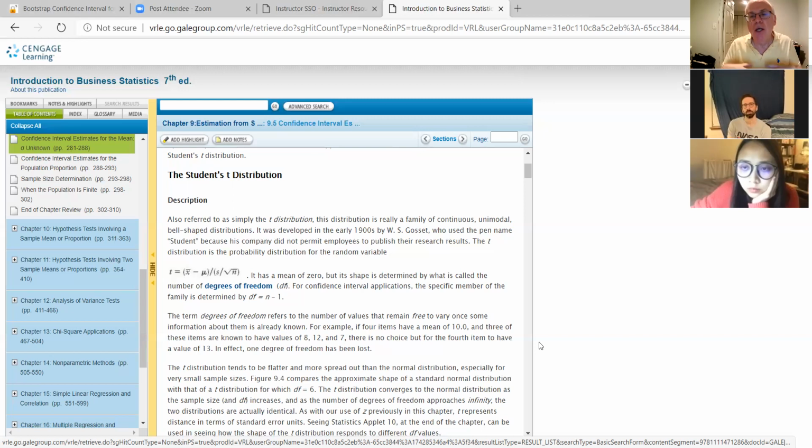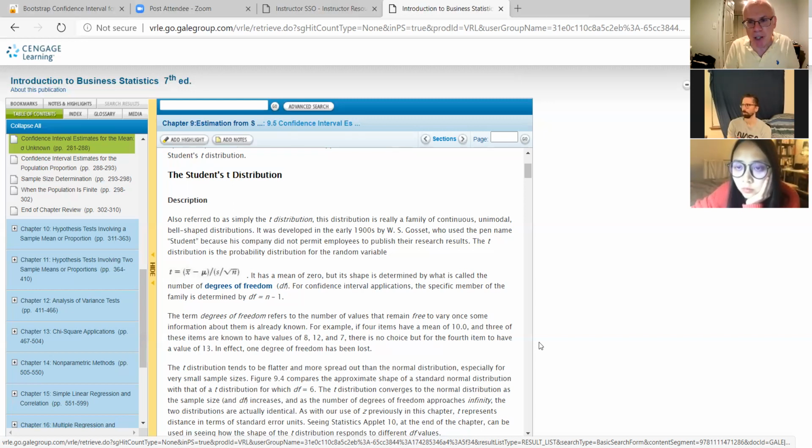You have the two pieces of the margin of error: the standard error and the critical value. You multiply them and you get your margin of error. Then you add and subtract it from the sample mean, and you get your confidence interval. I want you to learn how to construct it that way before you start using software to just give you the answer.